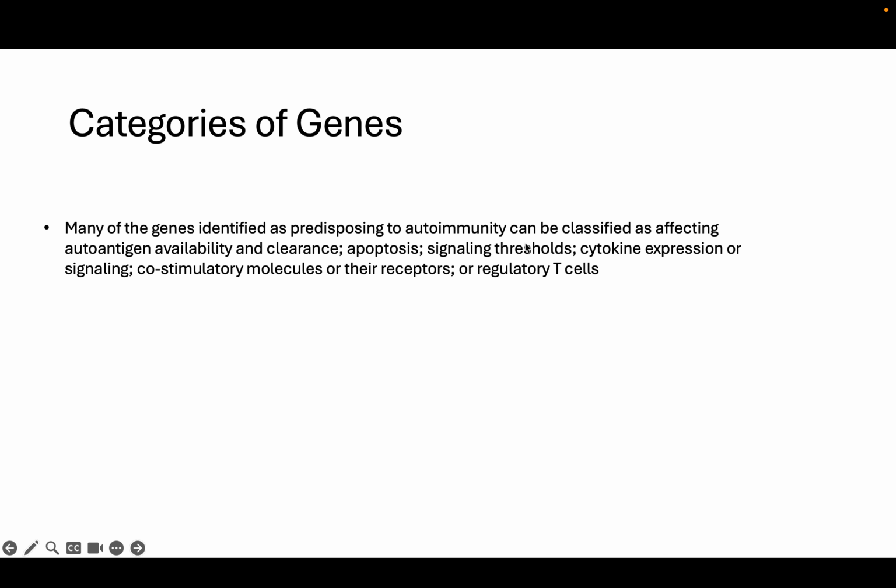Signaling thresholds, certain signaling can induce the overactivation of T cells. Expression, so cytokine expression or signaling. So again, this is all falling in the T cell overactivation or B cell overactivation as well. Costimulatory molecules, we see that in the CTLA4, if you remove it, you really are pushing Tregs not to do any more anergy.